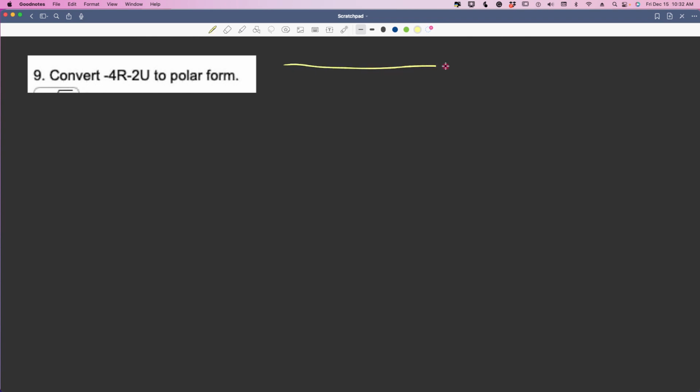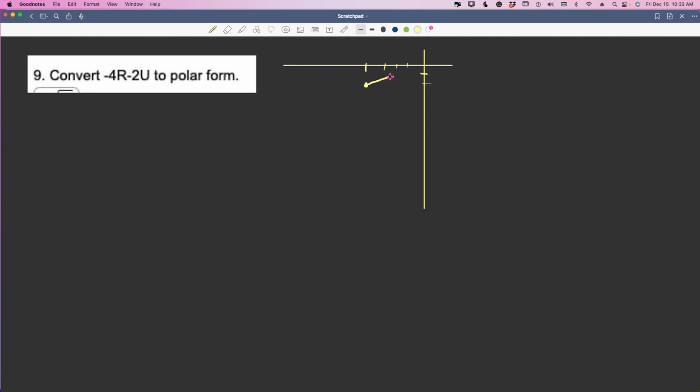So I'm going to draw my little area here, right? And negative from 0, negative 4 would be about 1, 2, 3, 4, be about right there, and negative 2, 1, 2, be about right there. So this is where my point would be, right?